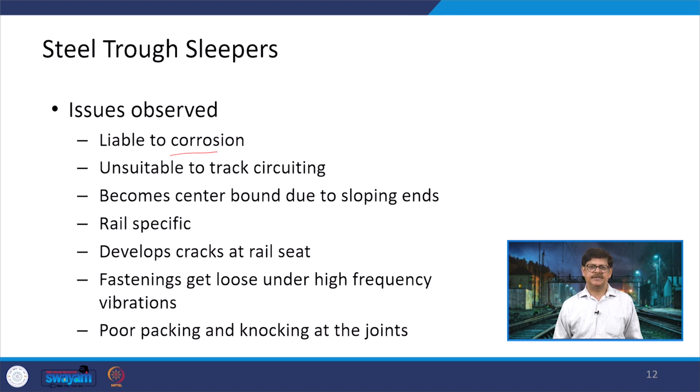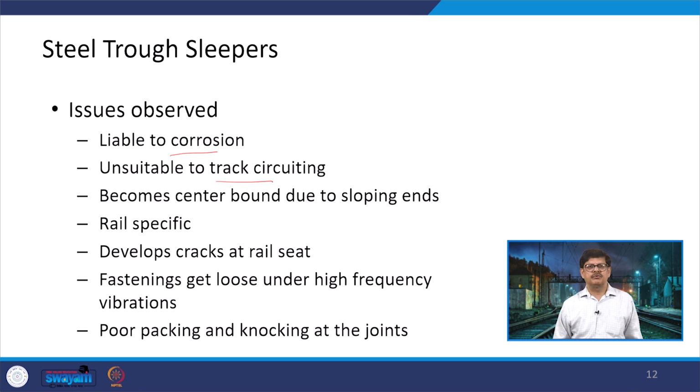So, if the chemical effects, the moisture effects, the humid conditions are there, then the liability towards corrosion is going to increase. Another issue was that because the metal is being used, it was creating a problem with respect to the track circuiting. Therefore, some insulation has to be done wherever the track circuiting is being done. So, that was an added thing which came up on the use of these type of sleepers.